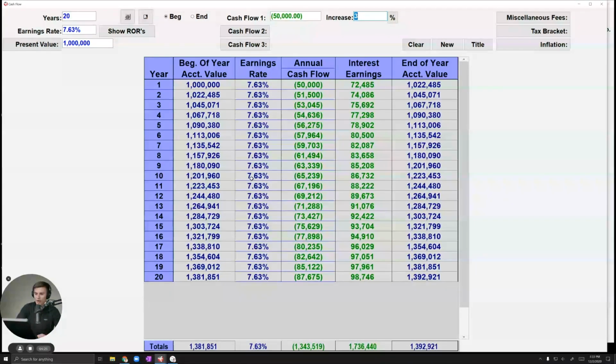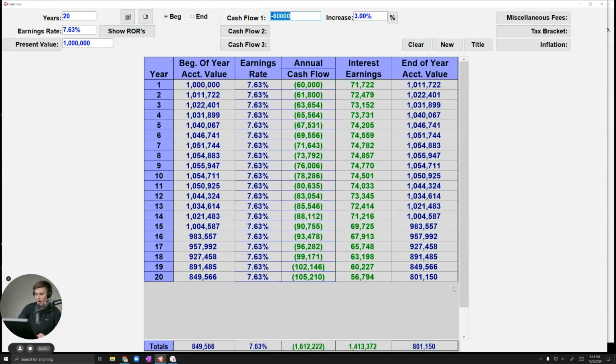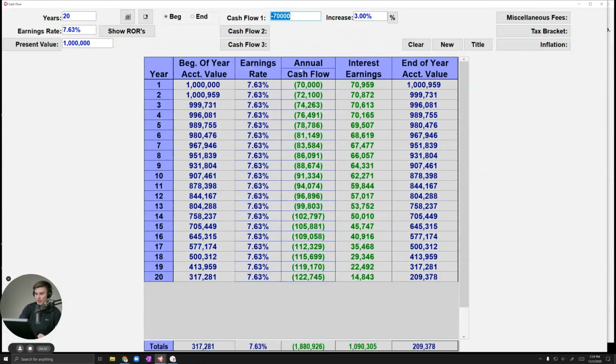And so you could look at this and say, if the market is averaging over 7%, you could be conservative and take out $60,000. Let's take out $70,000. I mean, logic would say that you could even take out $70,000 with inflation, and after 20 years, you would have money. Now, a 20-year time period also is kind of risky, and this is just for example purposes only.